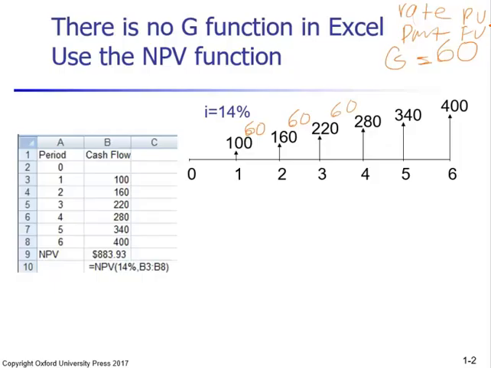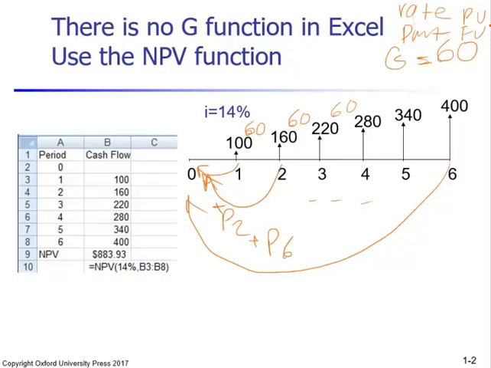Yeah, these were the functions that we talked about, but we don't have gradient that you specify G. And in this situation, if you don't want to use NPV, how are you going to create the present value of this situation? You are going to calculate the PV of this, P1, PV of this, P2. And like that, you continue and you sum up all these things. It takes time. And it doesn't look like a very enjoyable process.